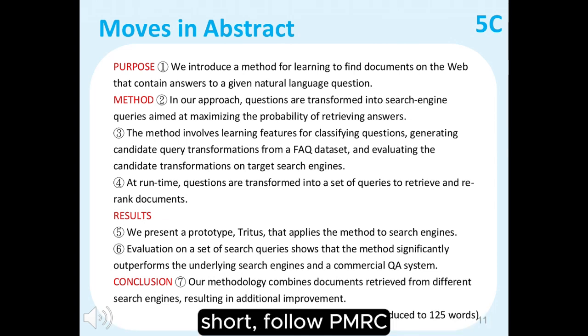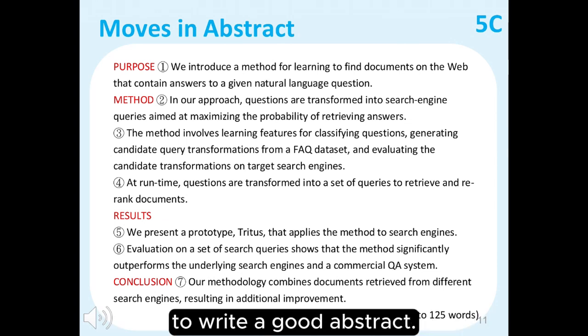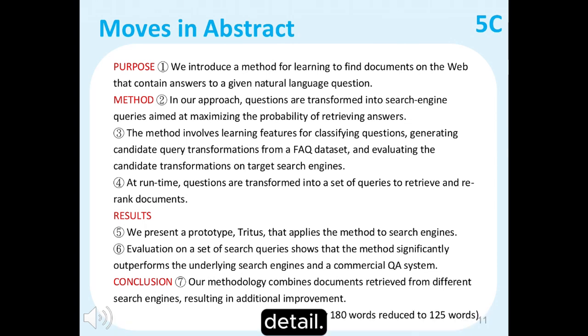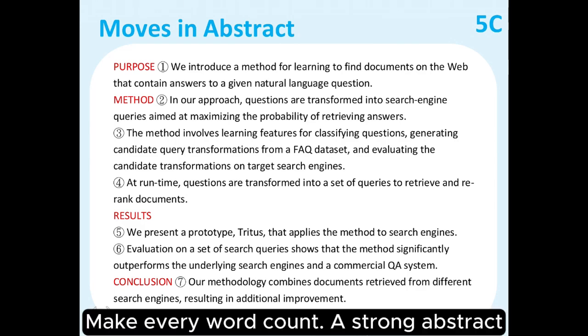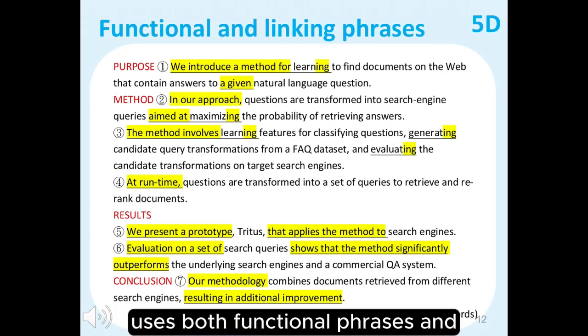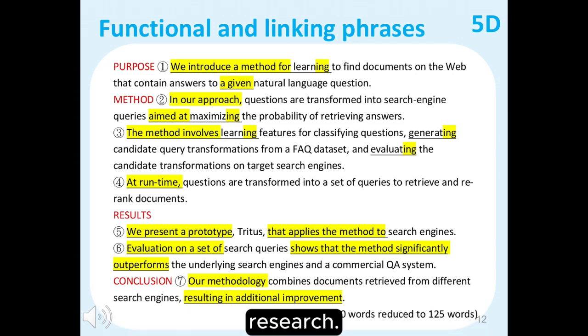In short, follow PMRC and aim for a length of 150 to 250 words to write a good abstract. Use clear verbs and avoid unnecessary detail. Make every word count. A strong abstract uses both functional phrases and specific content to clearly convey your research.